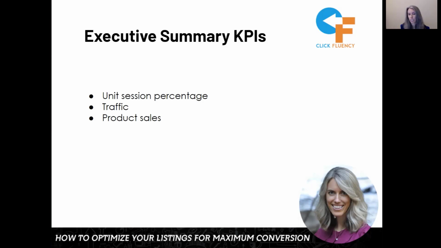I already mentioned it earlier, but your unit session percentage, that is another word for your conversion rate. So how many people that do come on to your listing then end up purchasing? That's an important metric. You're also going to want to look at the traffic to your listing. And this will help you to figure out too, if you're having a conversion issue, a traffic issue, both.